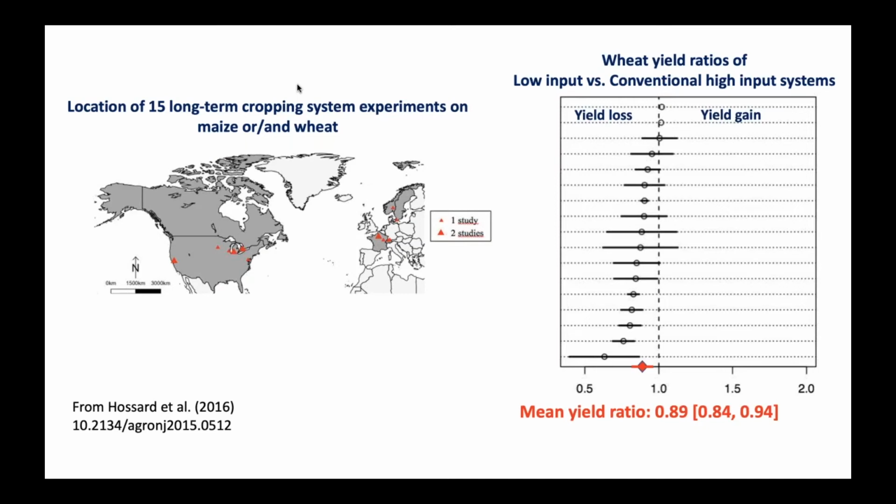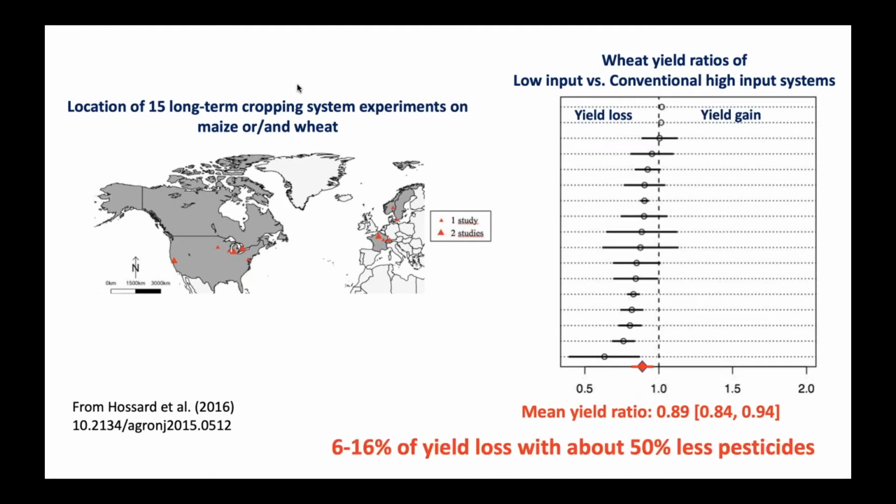So here it's a yield ratio that allows us to estimate the yield gain or loss resulting from a reduction of the chemical input in the cropping system. So here we compare conventional high-input systems with low-input systems, and we found a ratio of close to 0.9. So about 10% yield loss on average, with some variability across experimental sites.